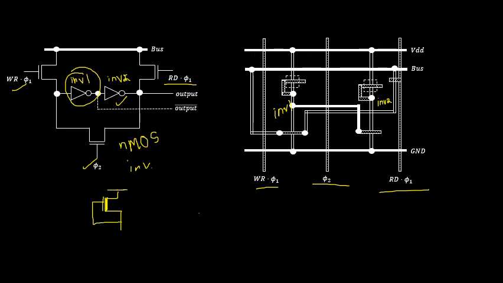This terminal will be applied to VDD, and in the pull down I will be having a single NMOS enhancement transistor wherein I will be applying the input over here and I will be taking the output from this particular terminal. So this is a single NMOS inverter.